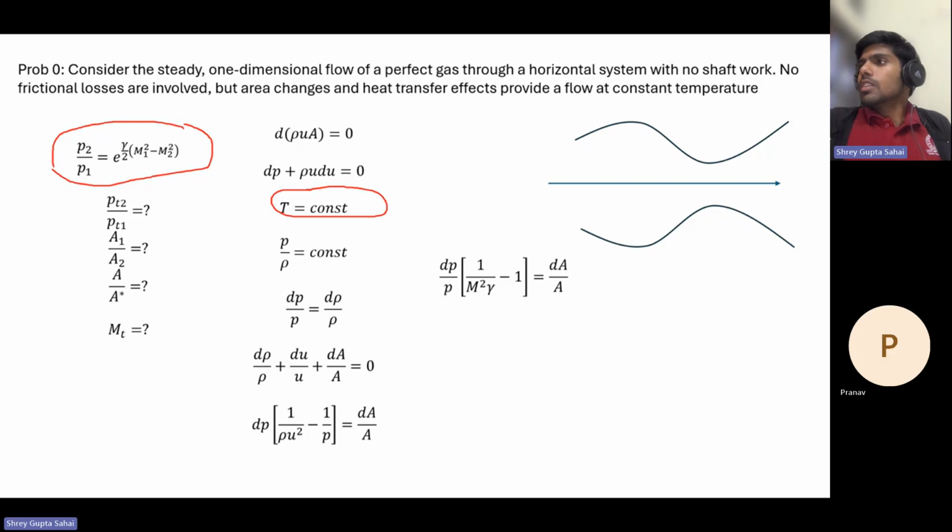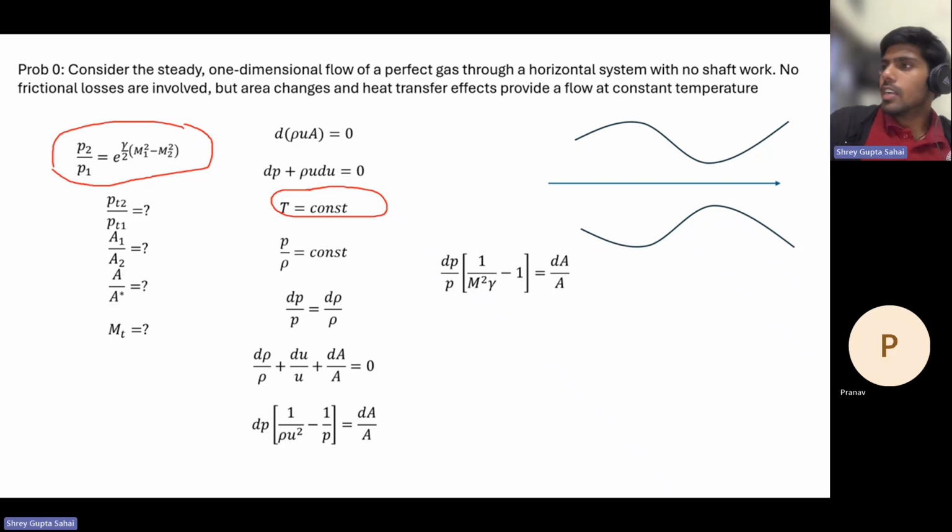Okay. What we can use here is, let's just go ahead and write this thing down. So this is d ln p equals d ln A, and this is just simply this term.